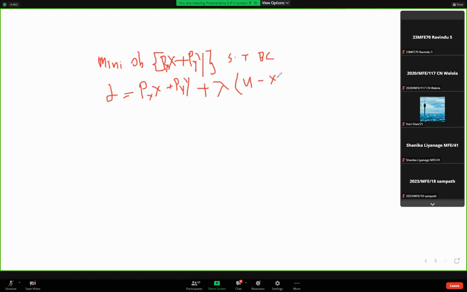Let's take the example u = xy, a very simple utility function. So there, again, the first order condition. You differentiate with respect to x, with respect to y, and with respect to lambda.